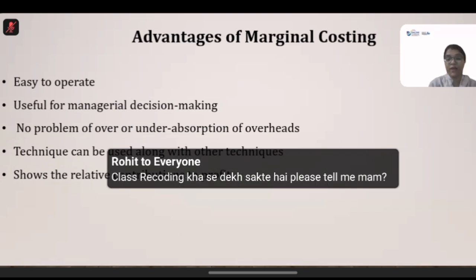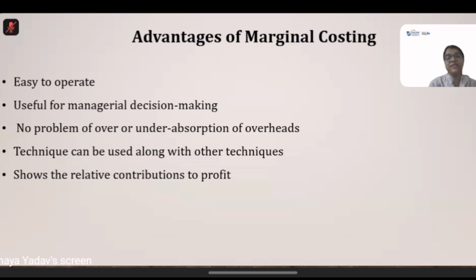We'll understand one by one. First, it is easy to operate, students. That means marginal costing is a simple method compared to other costing like absorption costing. यह सिर्फ variable cost को consider करता है. Why is it easy to operate? Because there is no need to allocate fixed cost to individual products and departments. It is suitable for businesses that require quick, reliable decision making, where complexity is not high.